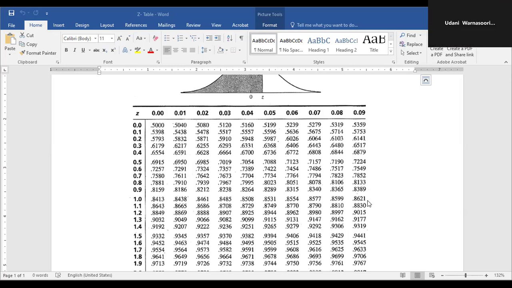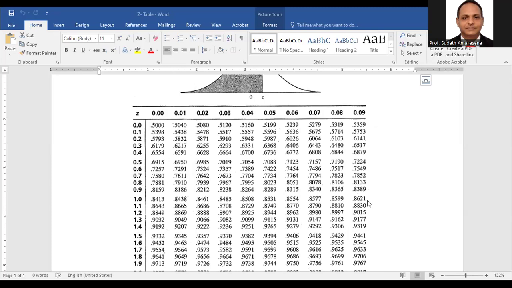Better download both tables from the internet, because sometimes you can get the cumulative table, sometimes the non-cumulative table. Then you should know how to use both. Okay, right. Now, let's do the calculation within 20 days.